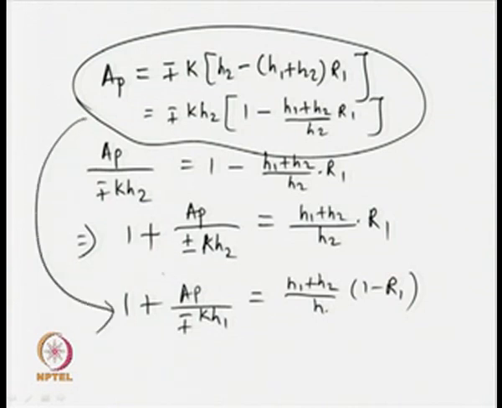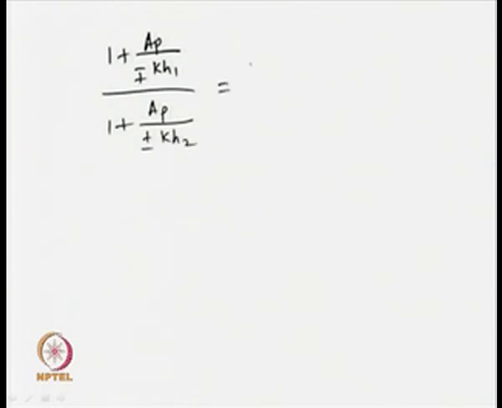So, now take the ratio of these two. Upper one to lower one or lower one to upper one, it does not matter. When I take the ratio of these, I get 1 plus A p by minus plus k H 1 divided by 1 plus A p by plus minus k H 2 is equal to H 2 by H 1 times 1 minus R 1 by R 1.